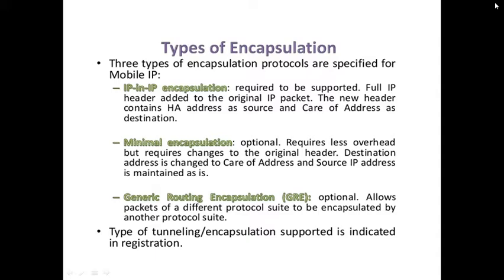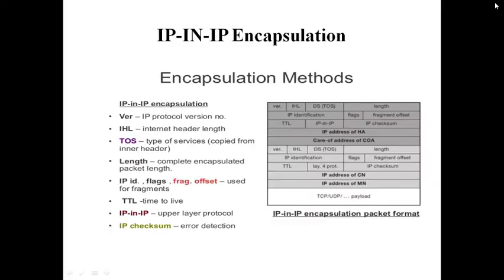Okay. So the type of tunneling or encapsulation is supported in the registration process. Out of these three, IP in IP encapsulation is the most important encapsulation. Now we will discuss one by one in brief. First one is IP in IP encapsulation.